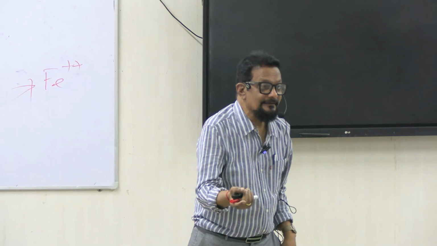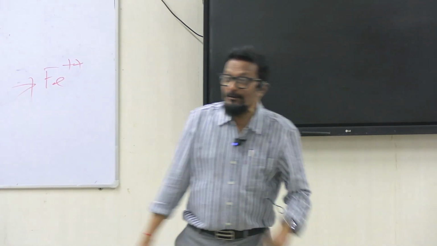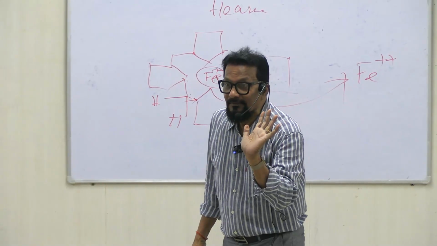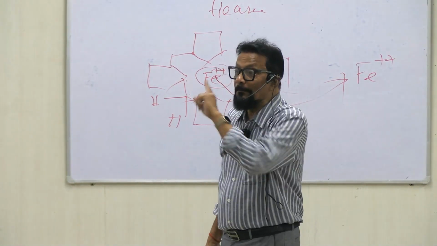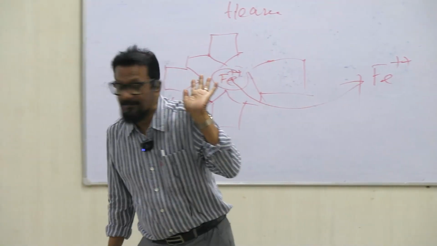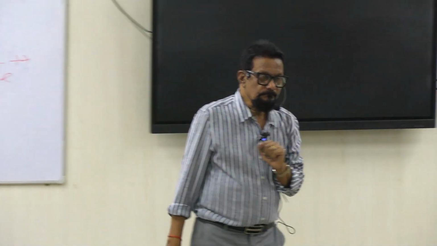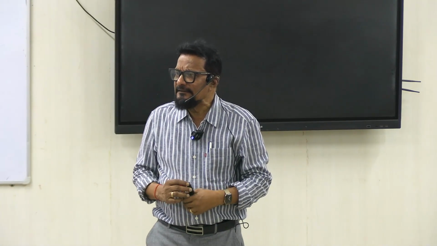So where will it enter? In plasma. Now in the plasma there is a carrier protein, albumin. This albumin will bind to this toxic substance and make the compound water soluble.